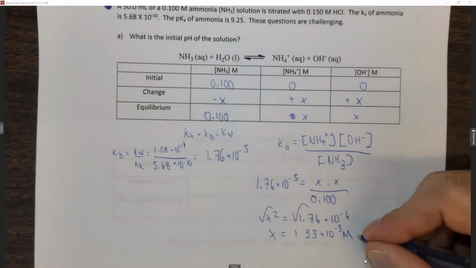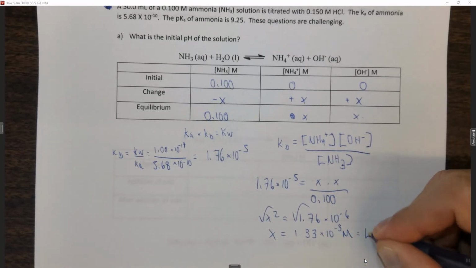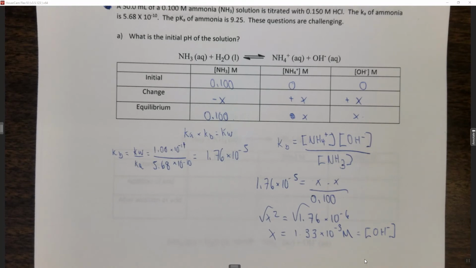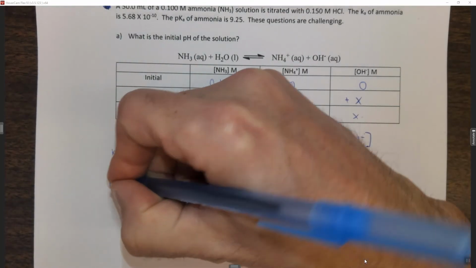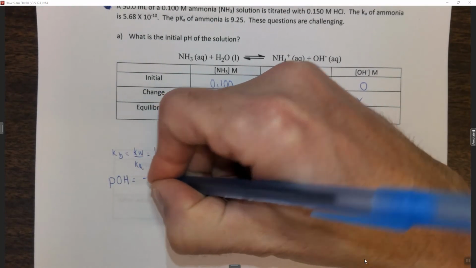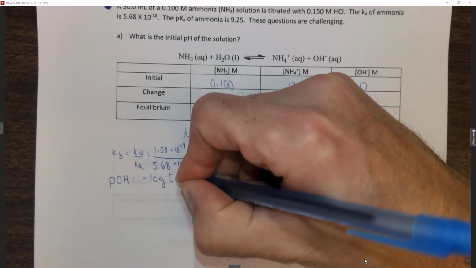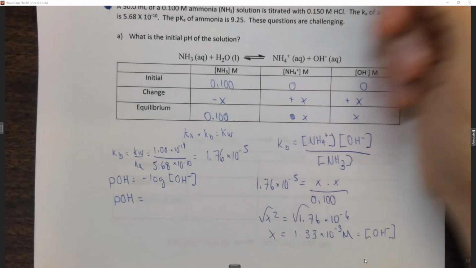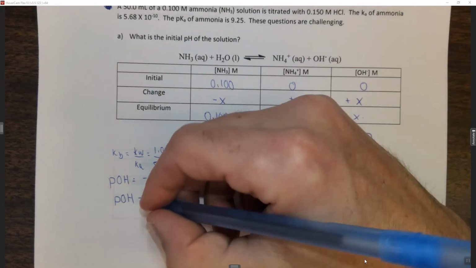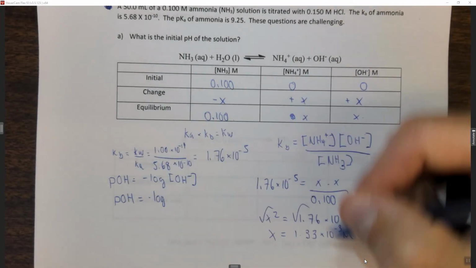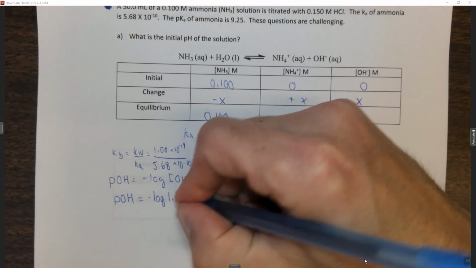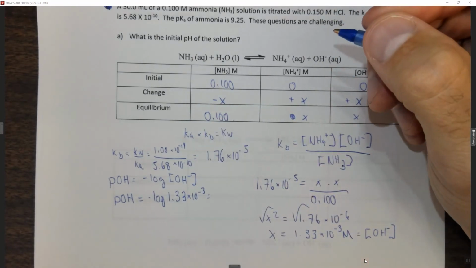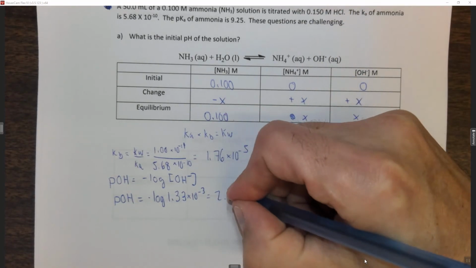Now, we have to realize that X is the concentration of OH minus. Well, now we can find the pH. Specifically, we can find the pOH, which is equal to the negative log of the concentration of OH minus. So the pOH is going to equal the negative log of this 1.33 times 10 to the minus 3, and the negative log of that is 2.89.